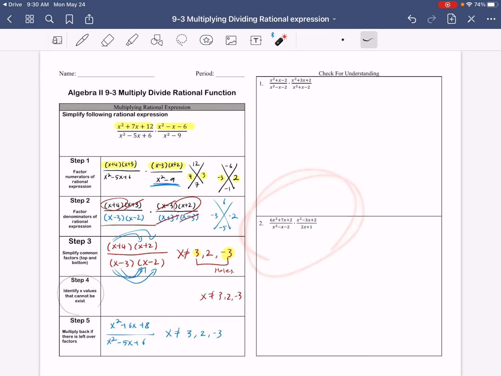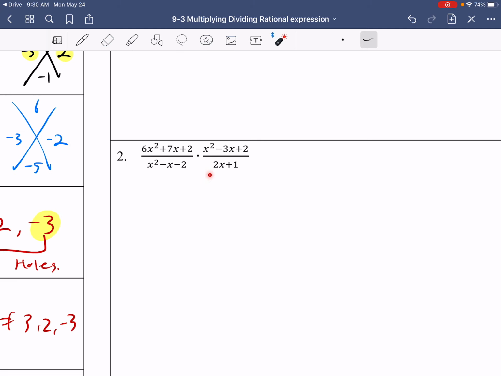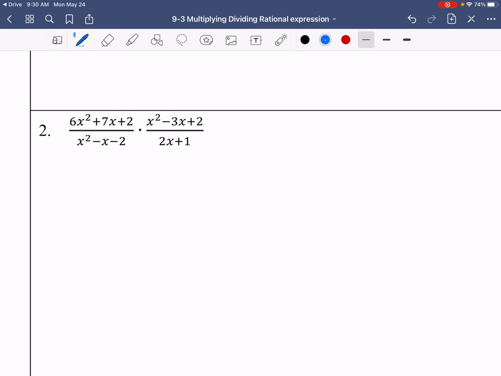Meanwhile, let me go over one question about this part, factoring, okay? So this one you cannot factor, but you can factor this and this. But this one, I believe many of you forgot how to do it, so I will do it here. So it's slip and slide. Slip the first number to the last number and then multiply, which you will get x squared plus 7x plus 12.